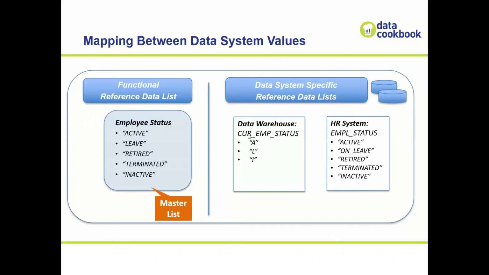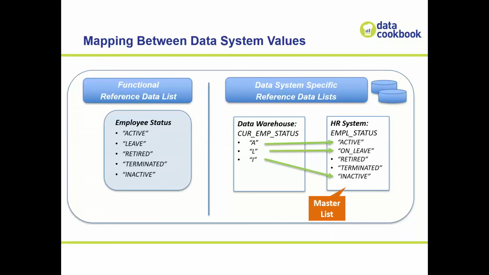The third set of things about building understanding is the mapping between systems. We talked about our functional lists and the warehouse and the HR system, and they're all employee statuses with different values in the different lists, and you can map between them. You can map the data warehouse up to the statuses in your functional list, or if your master list is the HR system, it can map to systems there.